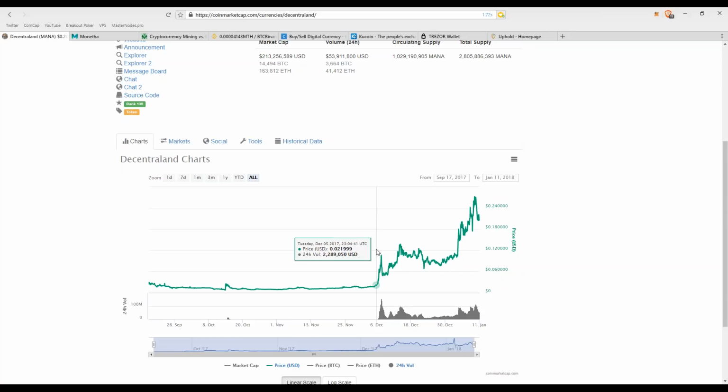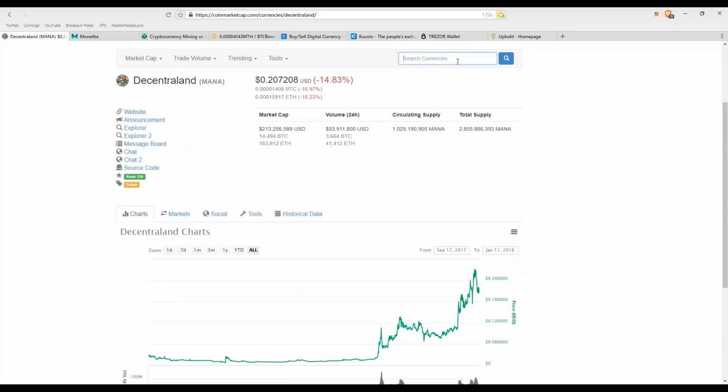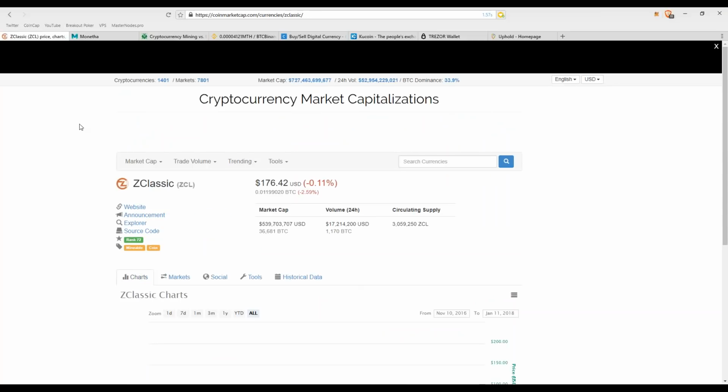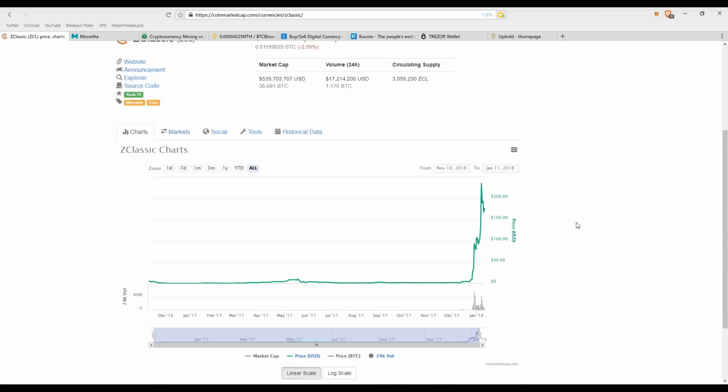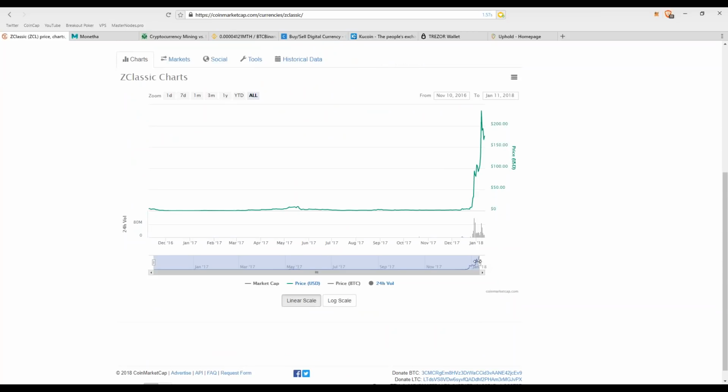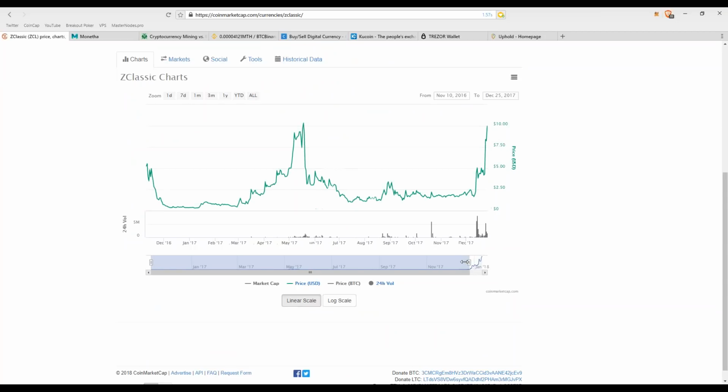So forward-looking events and kind of knowing what might be happening with a specific project is pretty powerful. If you know a hard fork is coming on specific coins, like I think I saw it, and I don't know why I didn't take it because I didn't really understand hard forks, was that Bitcoin is doing a privacy feature, and if you actually own this Z Classic, you would get that Bitcoin privacy feature, was my understanding, like in an airdrop.